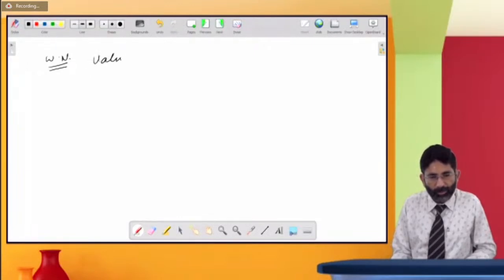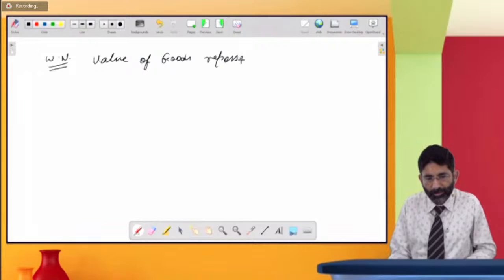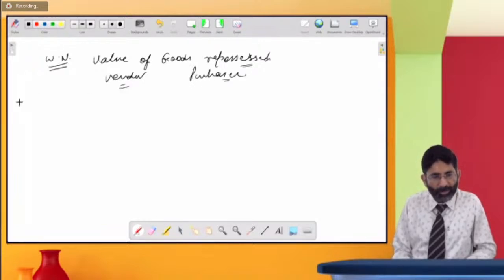Value of goods repossessed: vendor, purchaser. First of all, value of two scooters, cash price of two scooters.